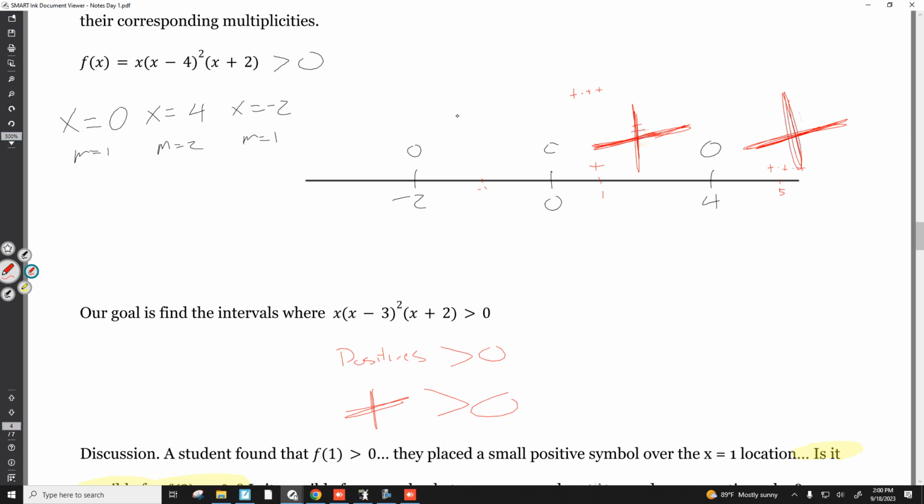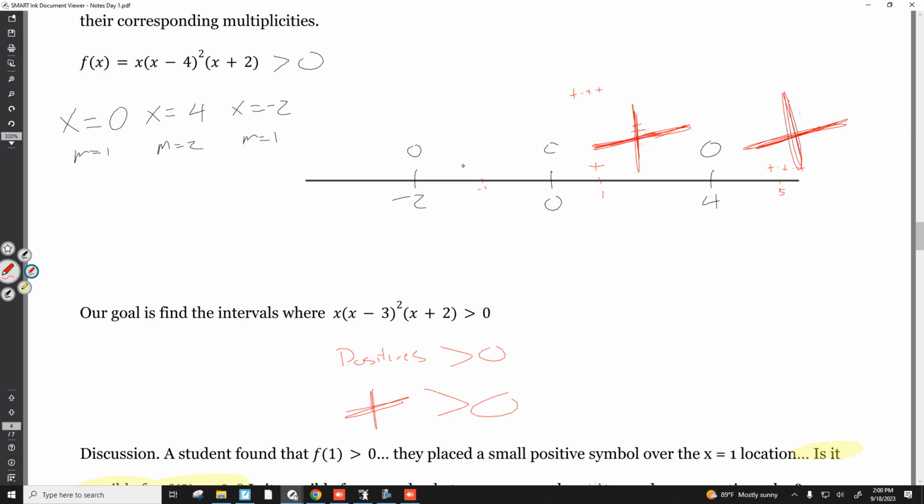Do it. You don't have to find the value. Watch this.